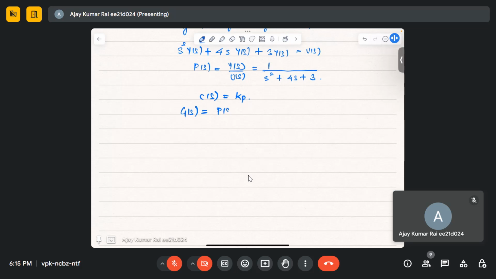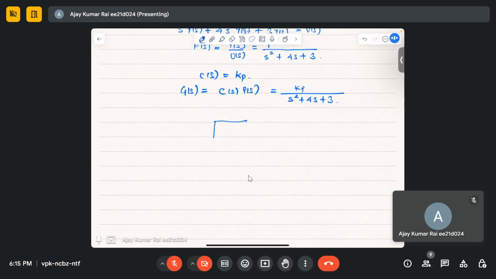G(s) will be P(s) into C(s), or C(s) into P(s), so this will be Kp by s square plus 4s plus 3. This is the block diagram: this is C(s), this is P(s).